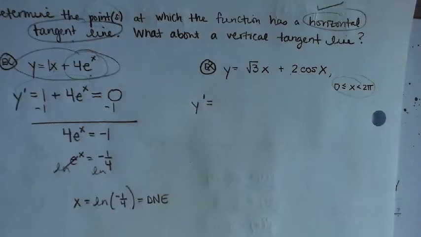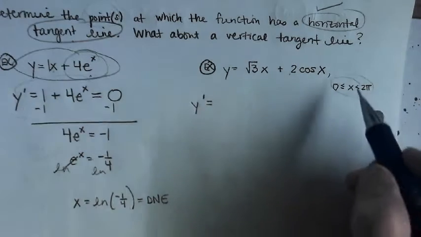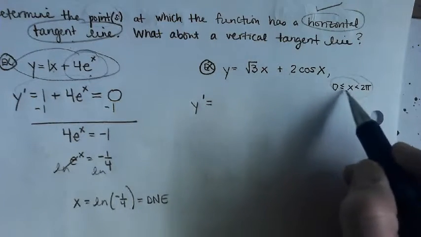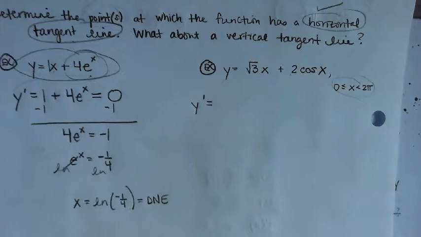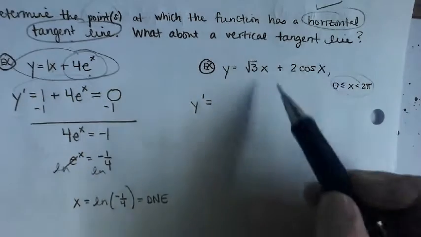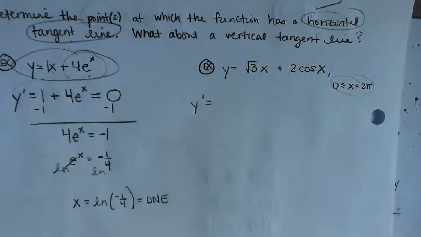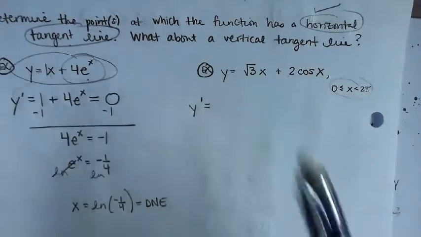Where, if anywhere, is there a horizontal tangent line? So that's the reason on trigs where you oftentimes get a limited domain. They want to look at a limited section of the graph because it's cyclical. And if you did it infinitely, there would be an infinite number of places that it has a horizontal tangent line. So we'll think about that when we're coming up with our answer.